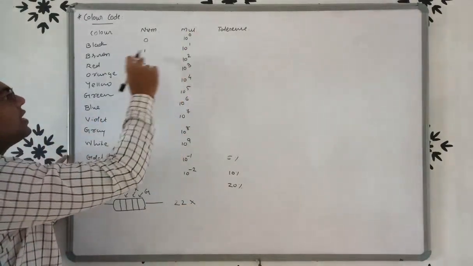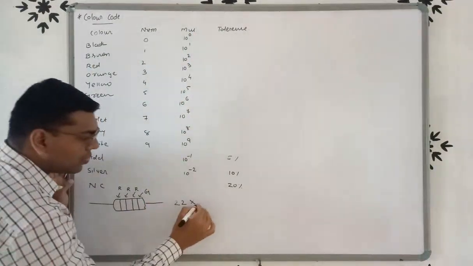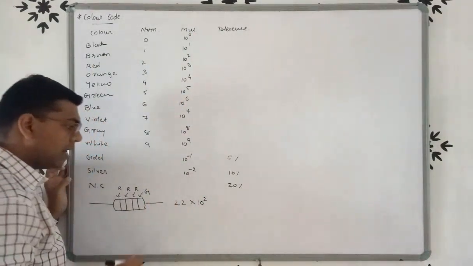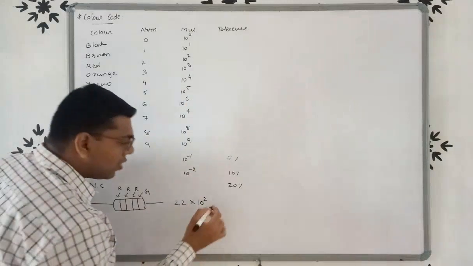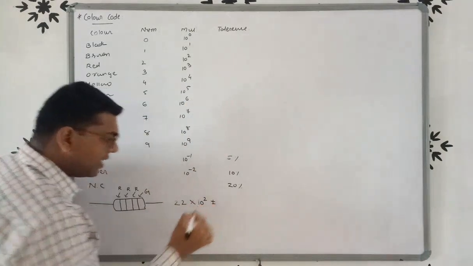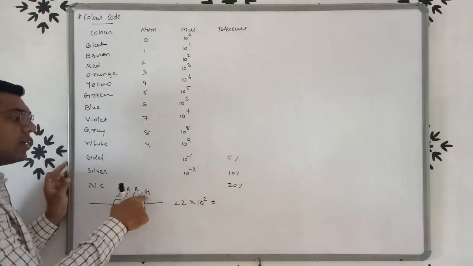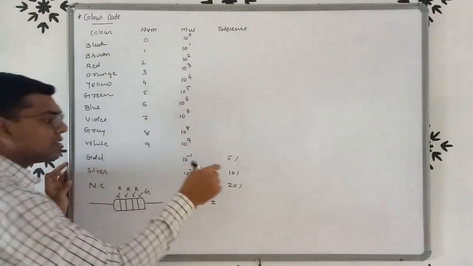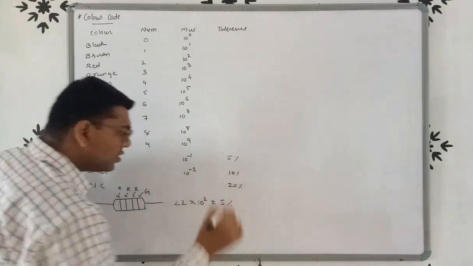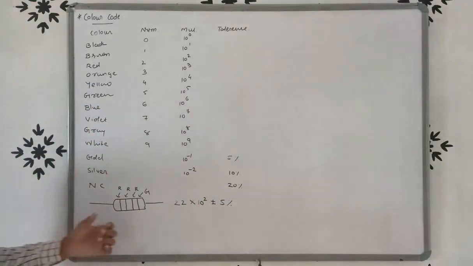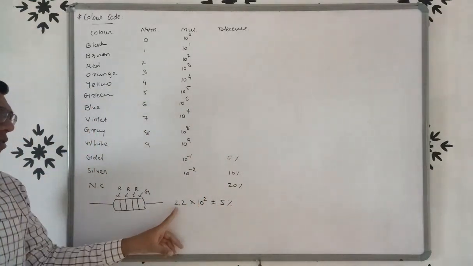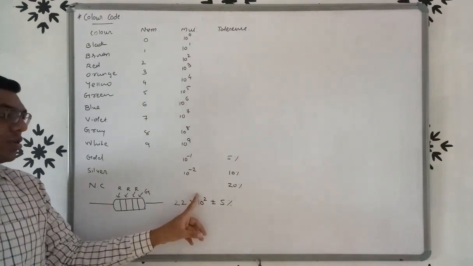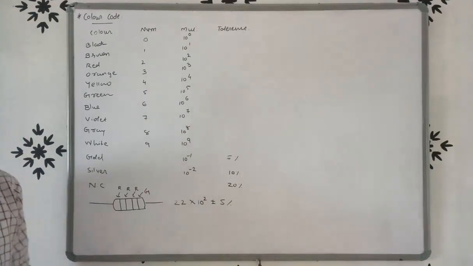The multiplier of red color is 10 raised to 2. And you have to write tolerance in the form of plus or minus. Here the color is gold, and the tolerance of gold is 5%. So the resistance of this resistor is 22 into 10 raised to 2 plus or minus 5%.